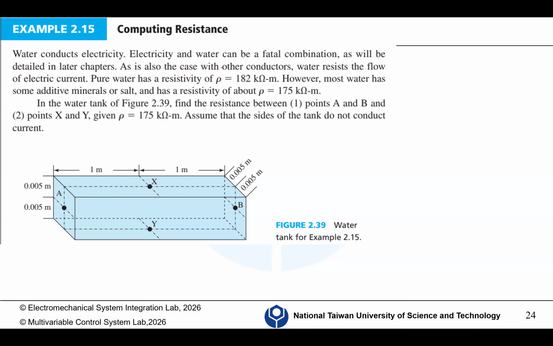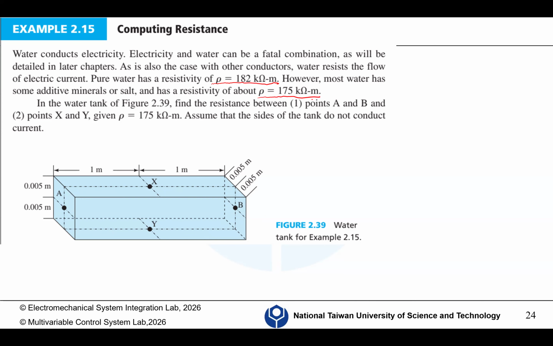As with other conductors, water resists the flow of electric current. Pure water has a resistivity of 182 k ohm meter. However, most water has some additive minerals or salts and has a resistivity rho of 175 k ohm meter. So what's the problem?